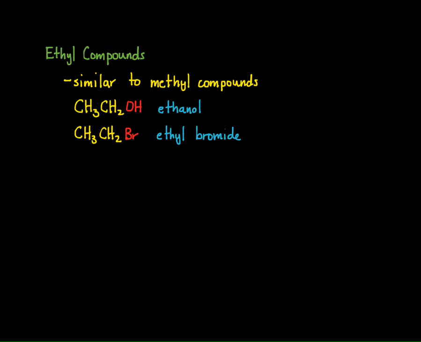Now, one of the things that is different with ethyl groups versus methyl groups, you might start thinking about the substitution, how the substituent is actually on that carbon chain. So when we look at the Lewis structure, it looks like this.